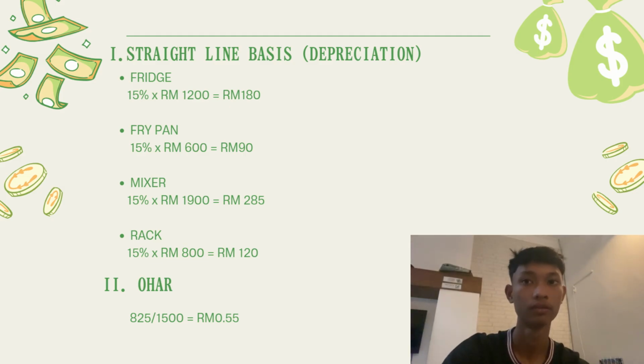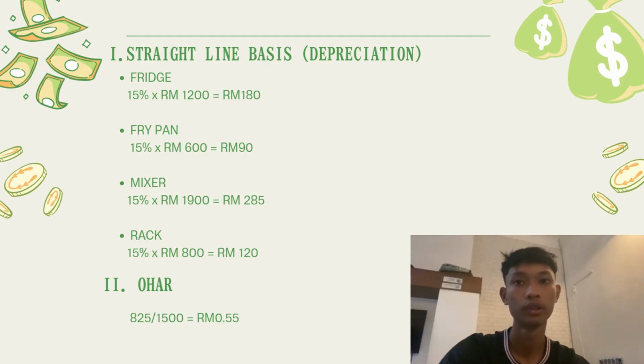For rack 50% multiply RM 800 equal RM 120. So each year the value of this asset decreased by 50% of their original cost. This depreciation is considered a production overhead because it supports business operation, but it's not directly linked to one unit of product.